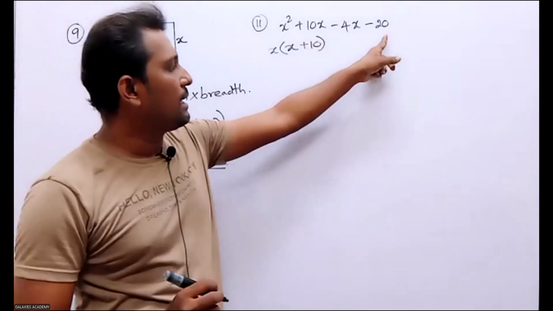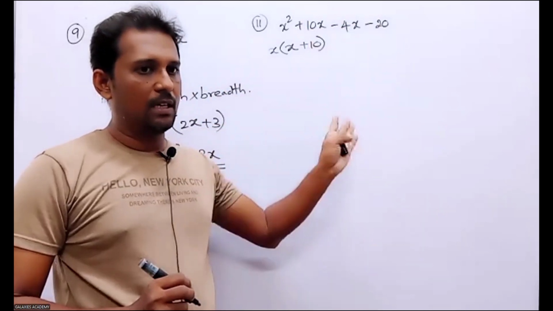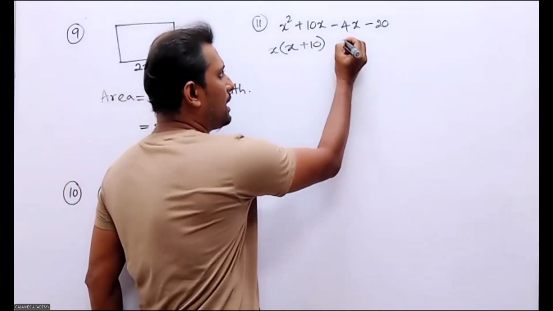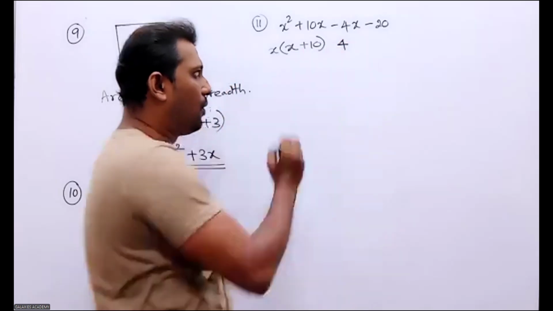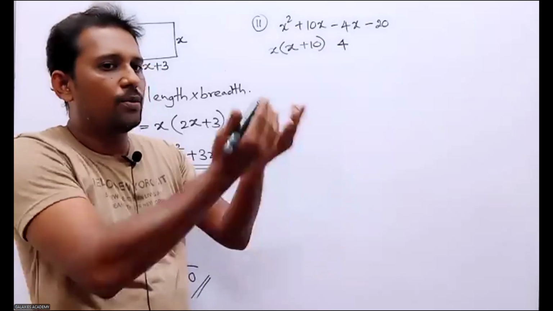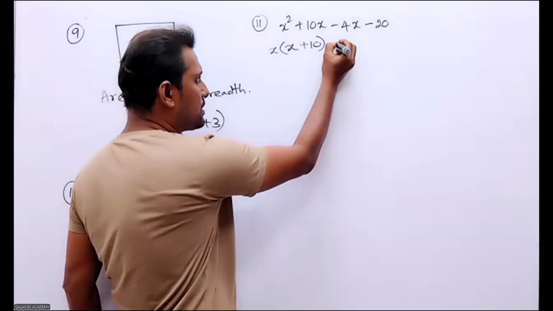Then for these two, check the common term. What is the common term for the third and fourth term? 4. So you can take 4 outside the bracket. Also, both these terms are negative, so I can take the negative sign outside the bracket too. Negative 4 I take outside the bracket.